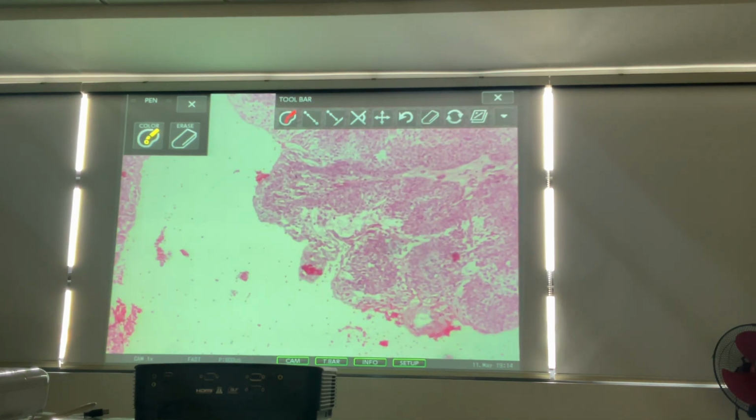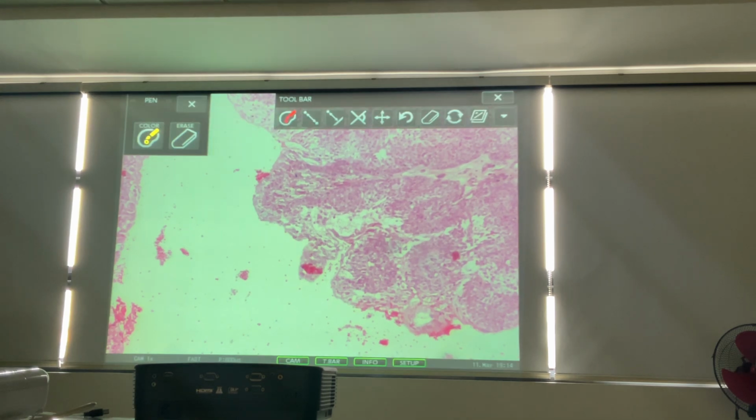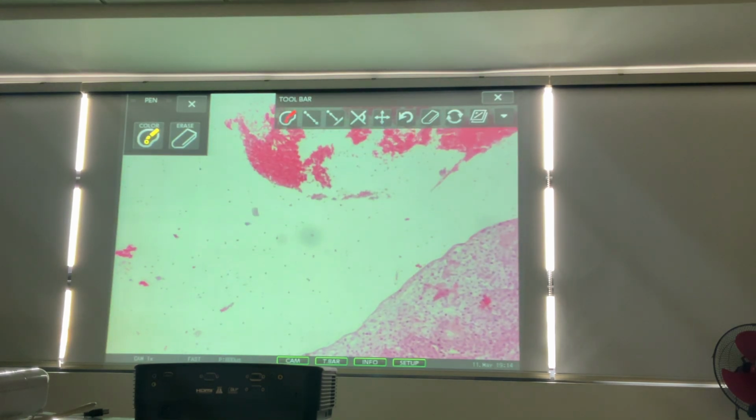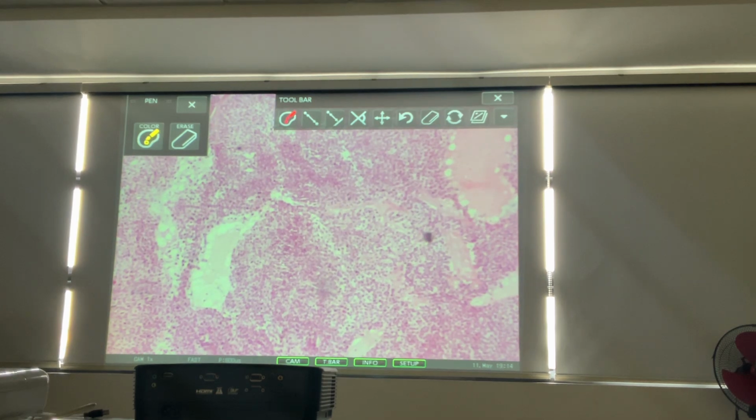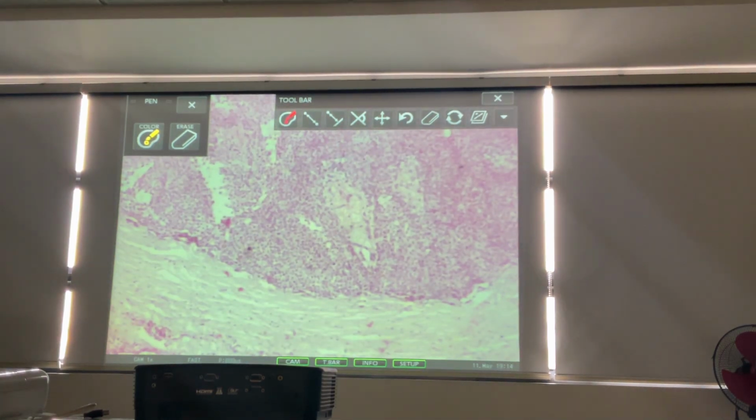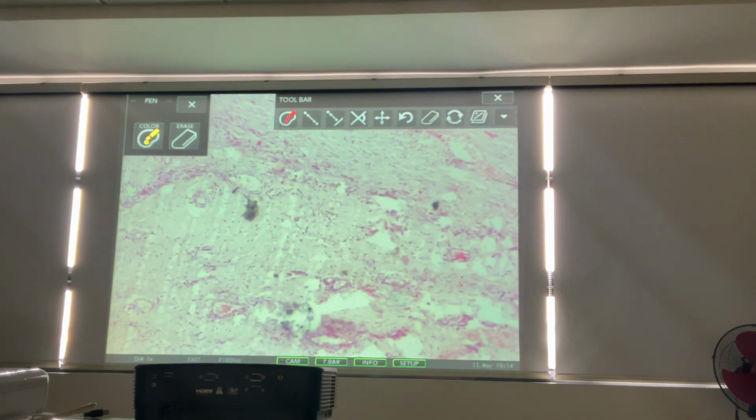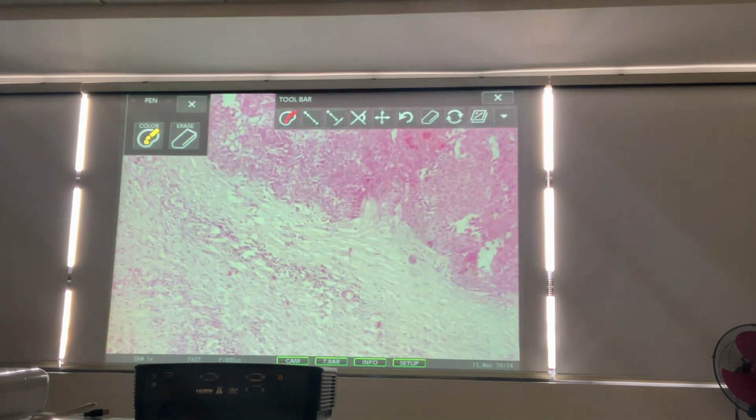What is the complication if there is already invasion, particularly large areas of invasion into the detrusor muscle? What's one potential complication to that? Rupture. Because the muscle wall of your urinary bladder will become weaker.